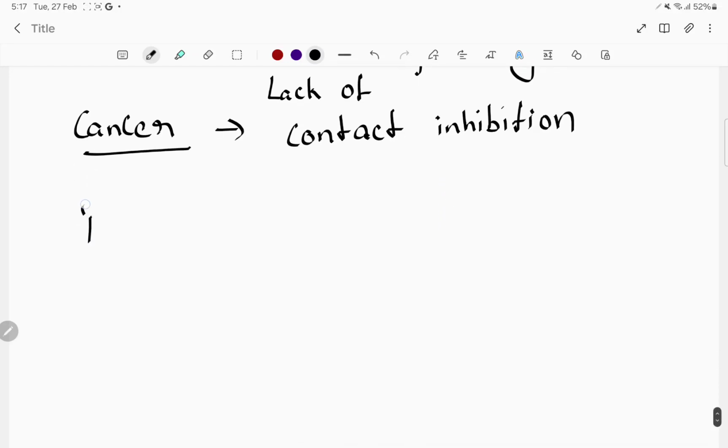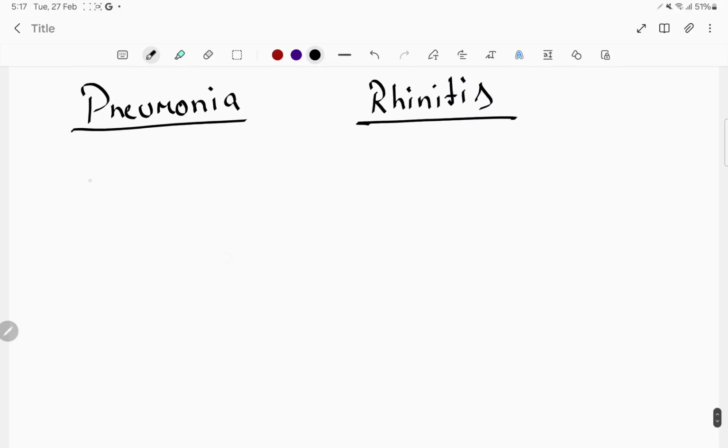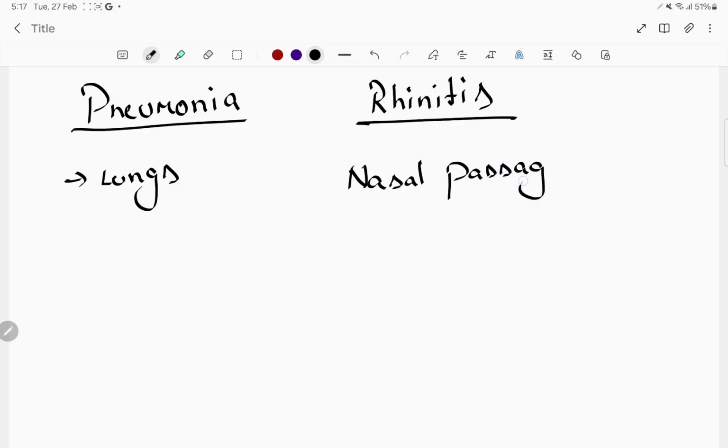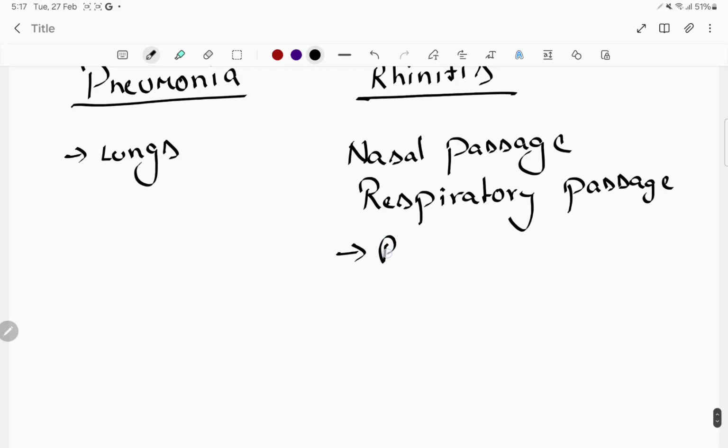So the difference between pneumonia and rhinitis, or common cold. Pneumonia will affect the lungs. Common cold will affect the nasal passage, or the respiratory conducting passage, with a running nose.